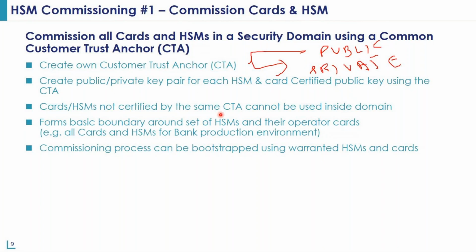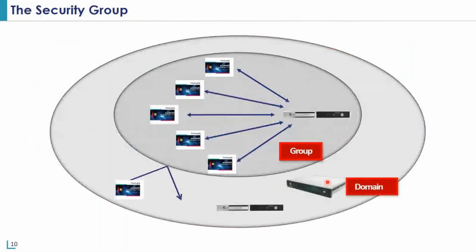You will sign those smart cards with the help of this key pair. So this forms a basic boundary around the set of HSMs and their operator cards. So here you are creating a boundary that these smart cards should only be used with these HSMs.